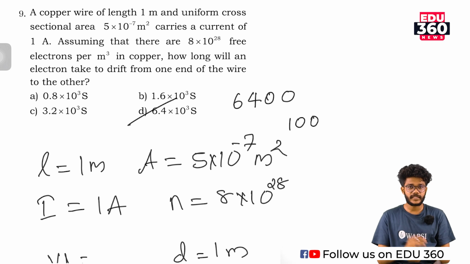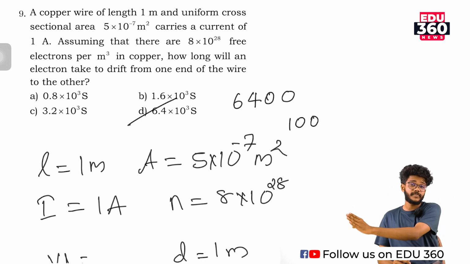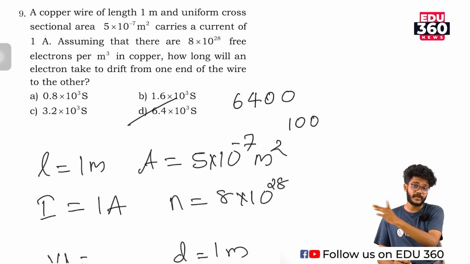It is an approximated value. Accurately, we can say that 6,400 seconds is taken by the electron to travel from one end point to the other end point of this 1 meter length wire.